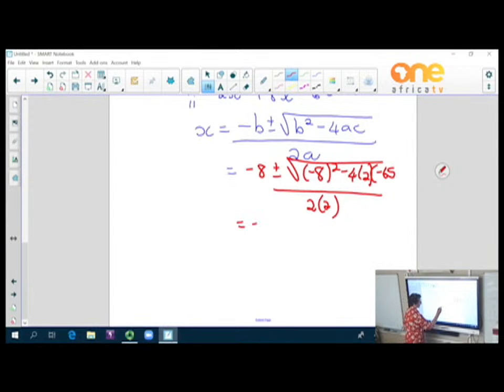The next step is then negative 8 plus or minus, and we have to find the value there in the root. You have to find that value in the root. So it is then 64 plus 4 times 2 times 65, and I have 584 here in the root.